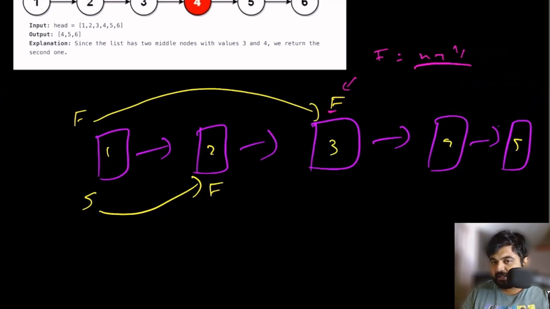So that way we can determine that the fast pointer has reached the end. The second possibility is that fast.next is equal to null. That also means the fast pointer is currently located over here, and the next value from this one is null. So if we take a look at these two conditions, we can determine whether the fast pointer is at the end or not.